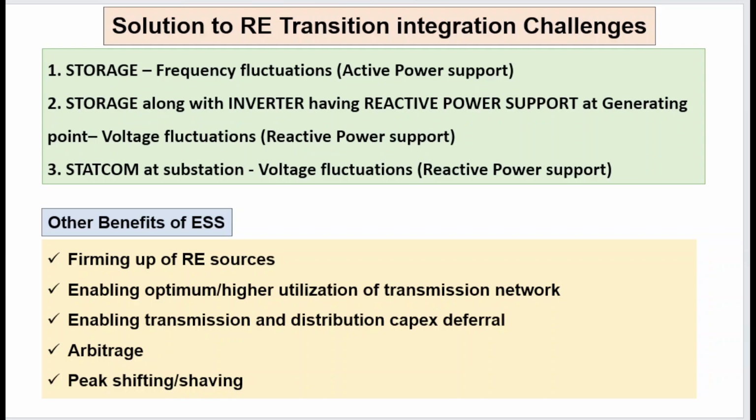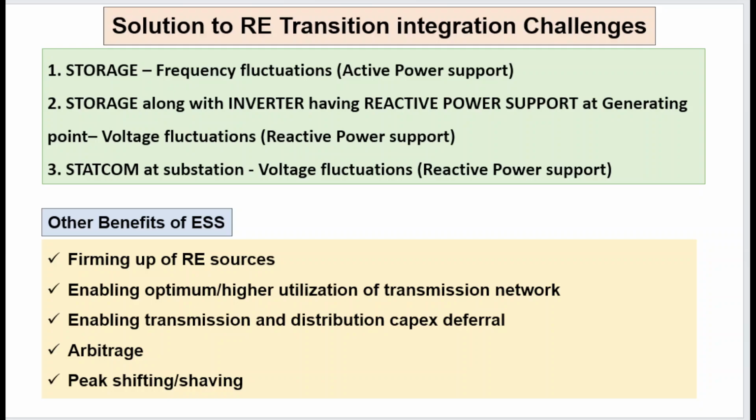Other benefits are firming up of RE sources. So whenever RE is fluctuating or intermittent, this storage can back it up so that we have firm power from the RE source. Then if we have firm power, the transmission network can be designed for optimum utilization.